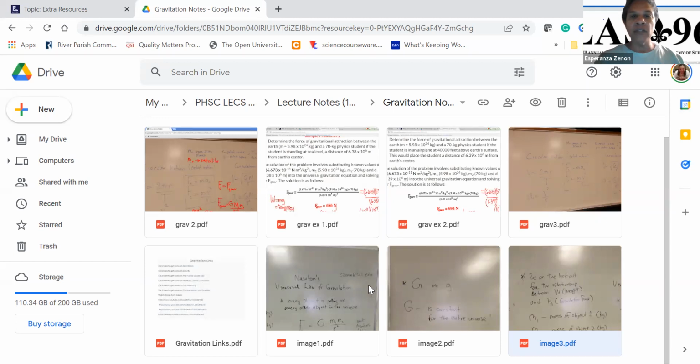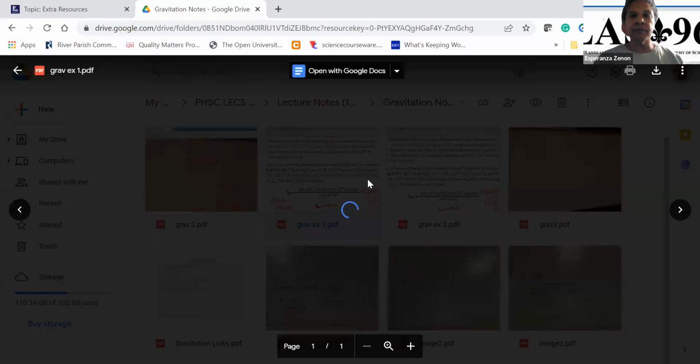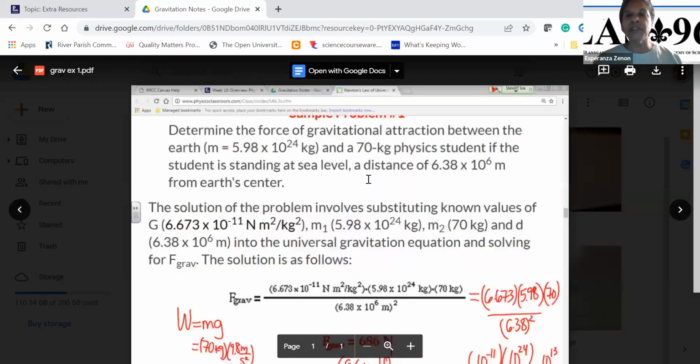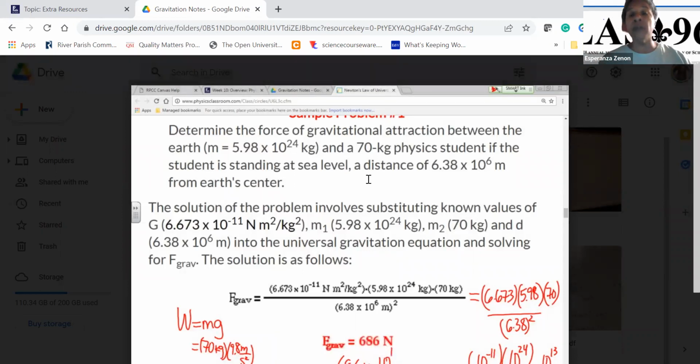We'll get back to these other two pictures shortly, but what I want to do now is solve these two example problems for you, or share my solutions. You will be expected to utilize the gravitation formula, especially on problem set number 8. Problem set number 8 is not until next week, but still you're going to be expected to use that formula.